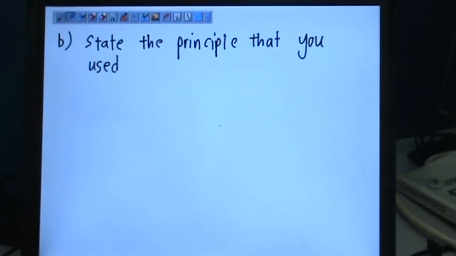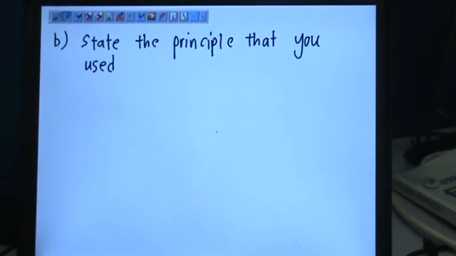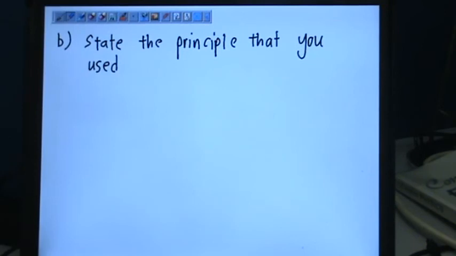So there's a mistake here. It's stated there 2 marks. Basically, when they say state the principle, they're just asking you to mention it. So this is no other than Archimedes principle.